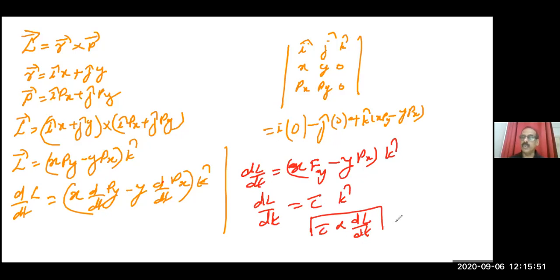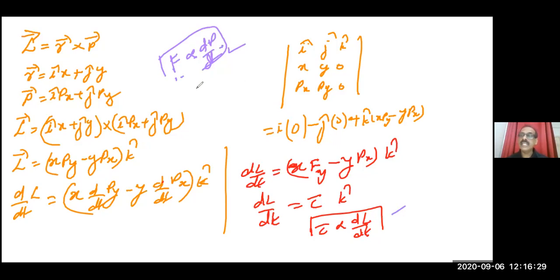This is similar to linear motion, where there is a formula: force is proportional to d by dt of linear momentum. Here, instead of force we have torque, and instead of linear momentum, angular momentum. This is Newton's second law in rotational motion. In linear motion, force is the rate of change of linear momentum. Similarly, in angular motion, torque is proportional to d by dt of angular momentum.